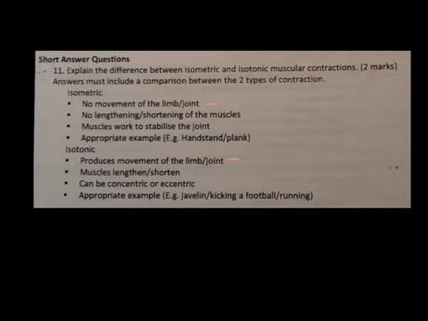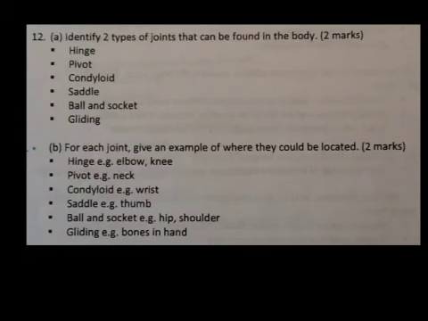And as this is only a 2-mark question, that's all you really needed to do. If the question was asking for more marks, I would expect you to include more information. So about what happens to the muscles, do they lengthen, do they shorten? About stabilising the joint, I'd expect you to give examples.